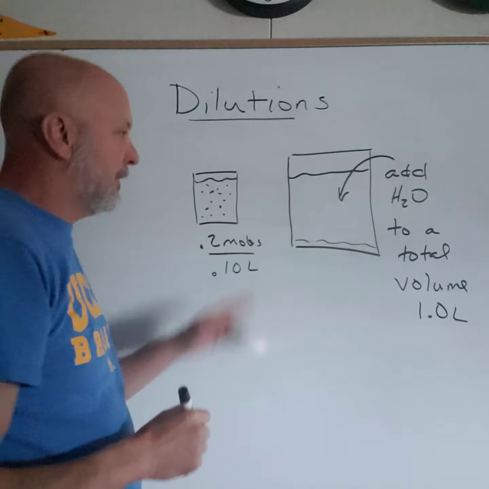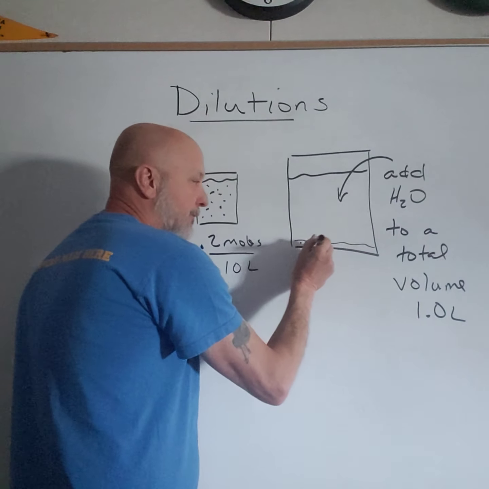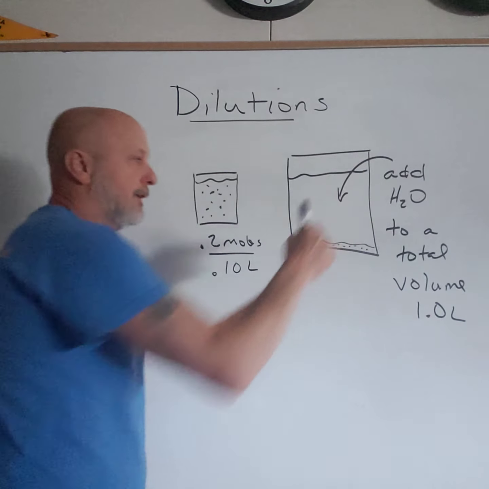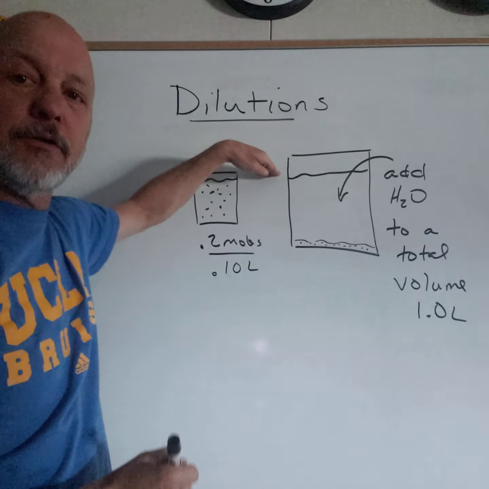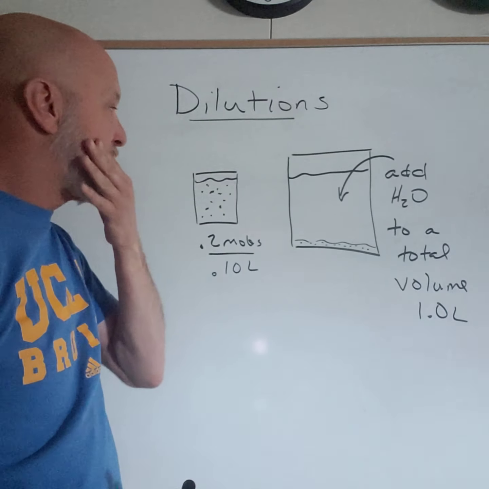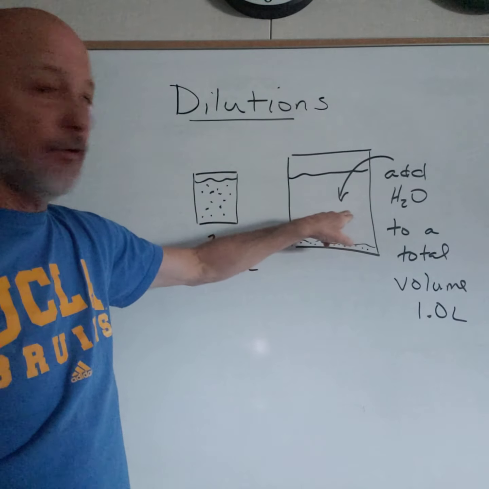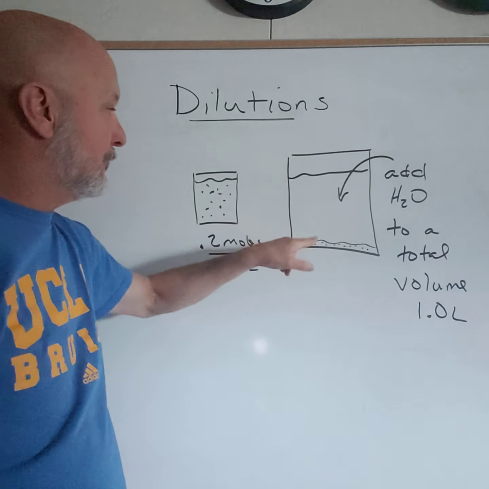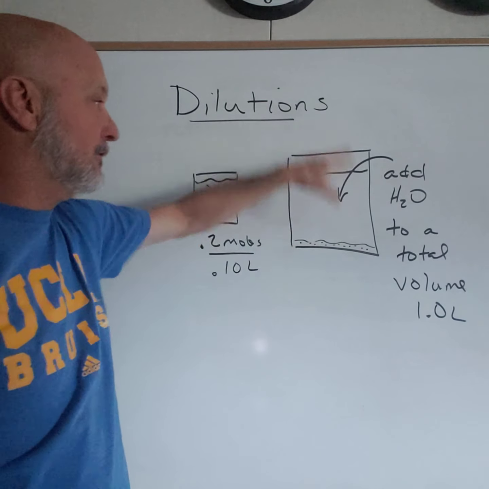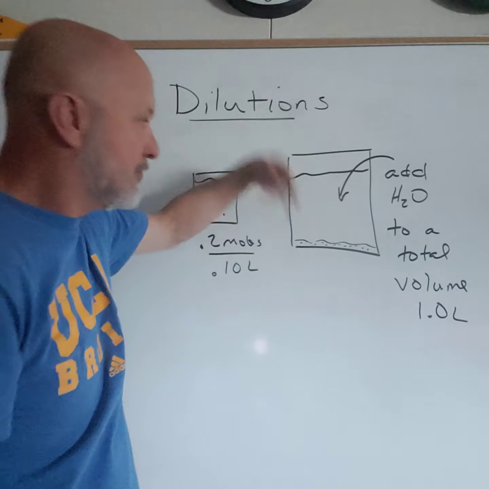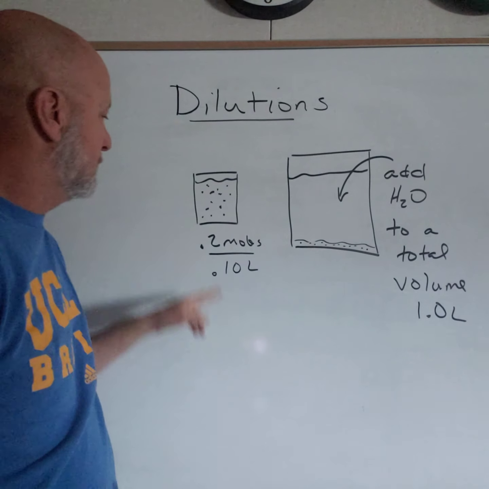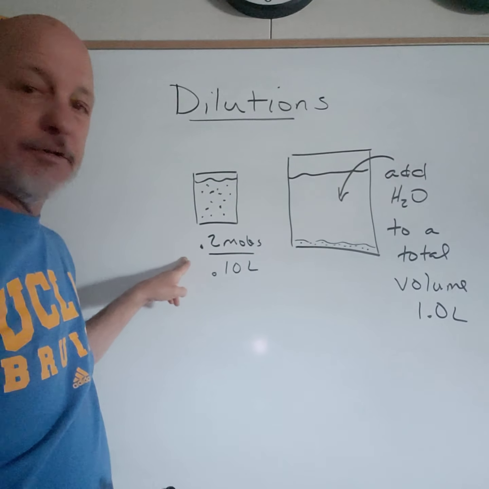If I look at what I've done, this was my concentrate down here. It was just 100 milliliters. Then I added water. Now my total volume is a liter. Well, the water that I added had no salt in it, right? It's pure water. So the only salt that's in this new diluted solution, and of course I'm going to stir it so it's all spread out, came from the concentrated.